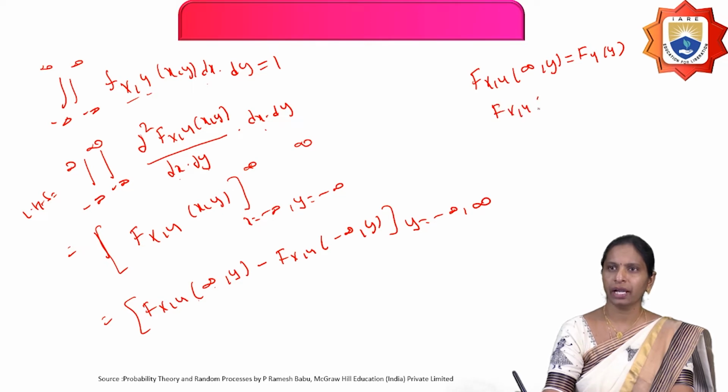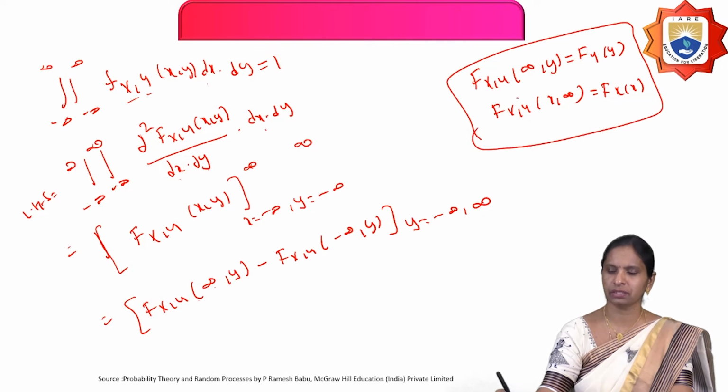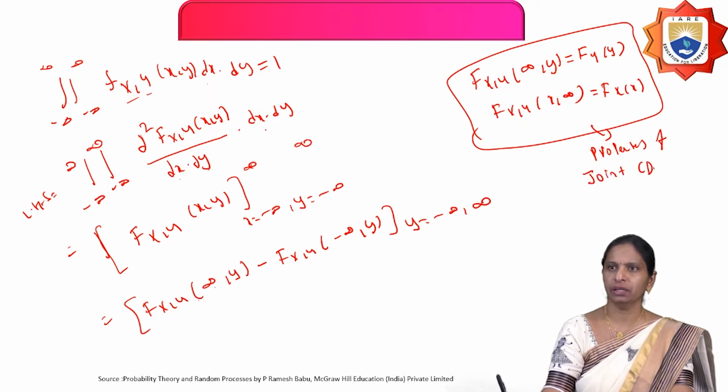And if you keep y as infinity in the joint distribution function, then you are going to get the marginal distribution function of the random variable x. So this can be obtained from the properties of the joint distribution function. Now, what is fxy of infinity comma y?